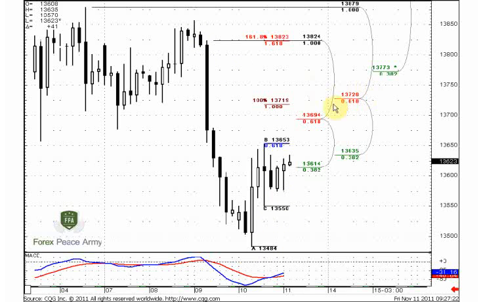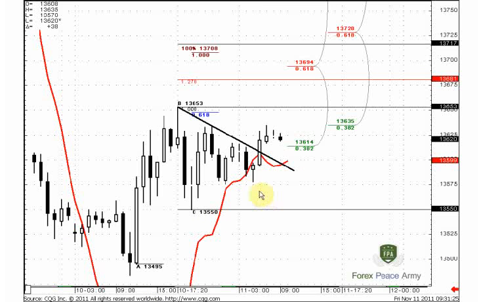So that is the next area of resistance. This is, by the way, also the lower border of the confluence resistance on the daily time frame. So that's the potential next target if the market continues to move to the upside. Also, you can see that some previous support could now act as resistance. On the hourly time frame, we see that the trend is also bullish.